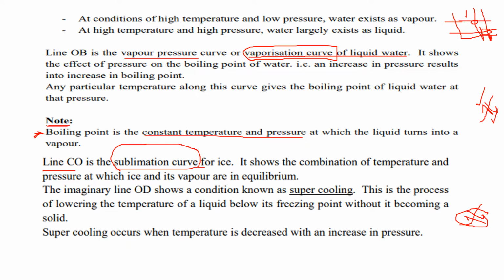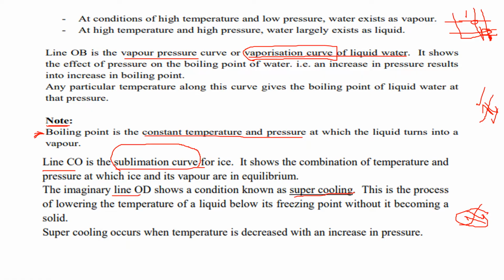Now we are saying that the imaginary line OD, what does the imaginary line OD represent? We are saying that the imaginary line OD shows the condition known as supercooling. And let me hope you remember what we said about that. We said supercooling occurs when temperature decreases with an increase in pressure, but we shall look at that later.